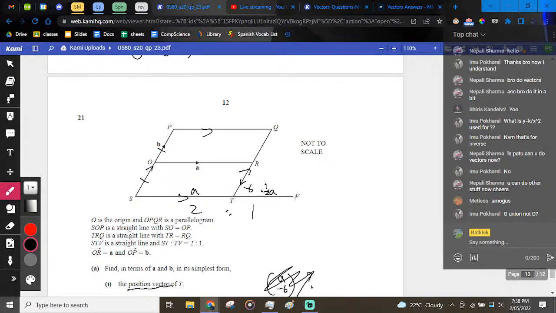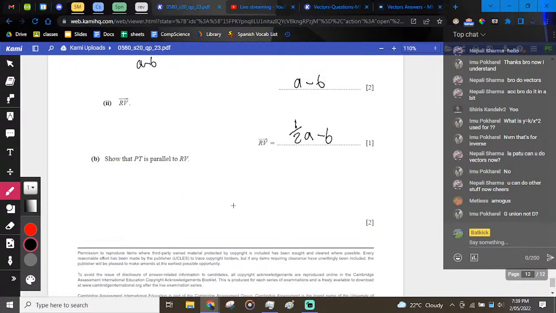And P to T is A minus 2B, and RV is half A minus B. Therefore, these are in proportion.